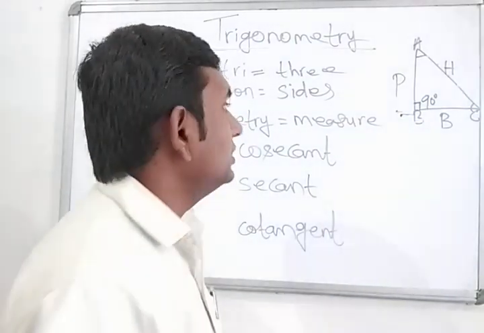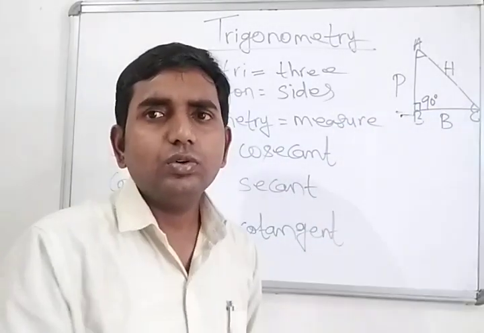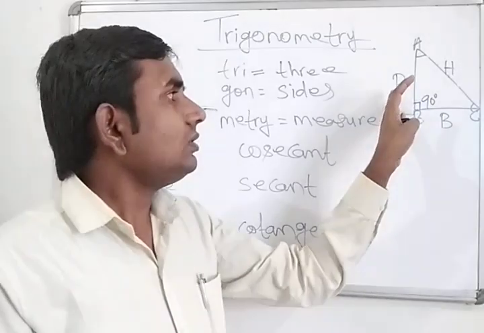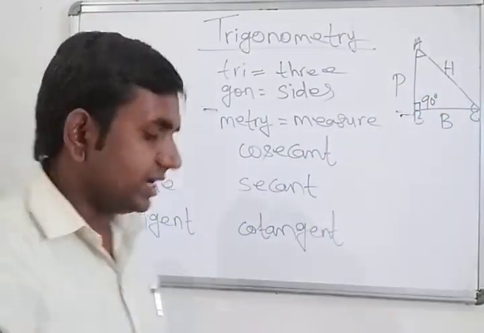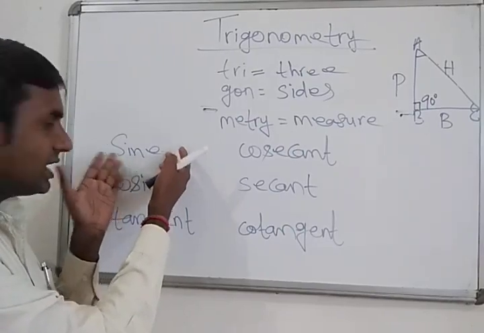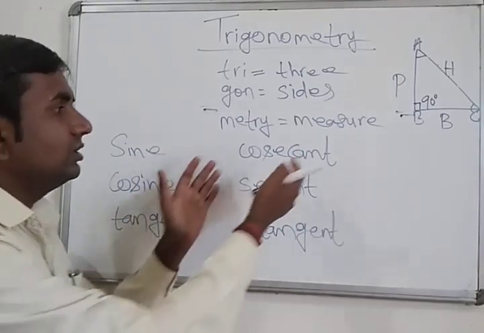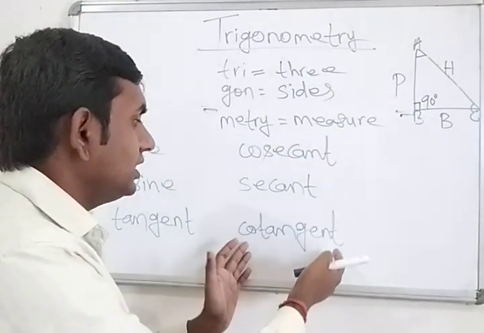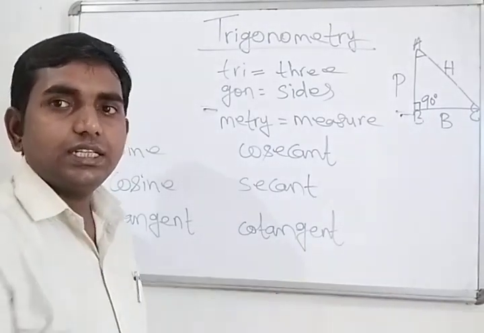In this relation between sides and angle we have three different types of ratio, which are sine, cosine, tangent, cosecant, secant and cotangent.